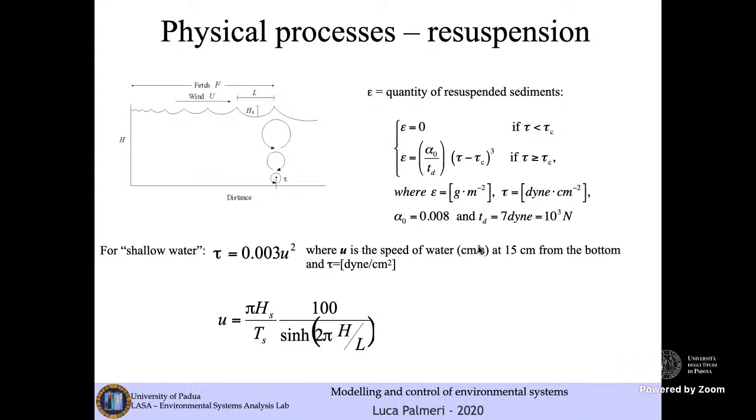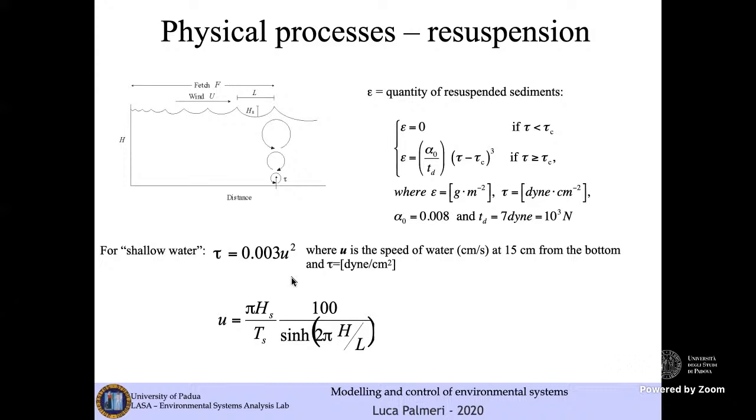In this case, we may also introduce some more details by assuming that we are going to model shallow water ecosystems. This means that we have an immediate transfer of the effect of winds on the surface of the water body, through the gyres and through the waves generated by wind blowing on the surface of a water body.